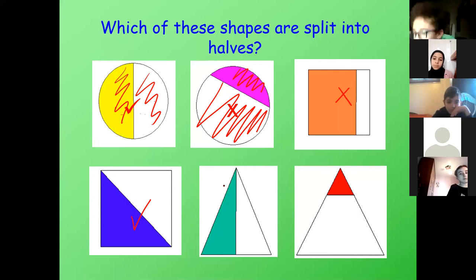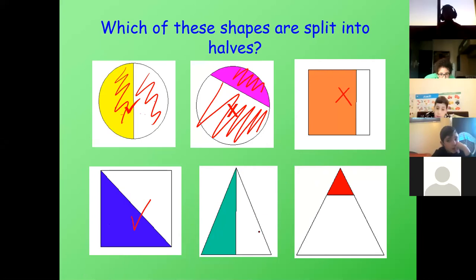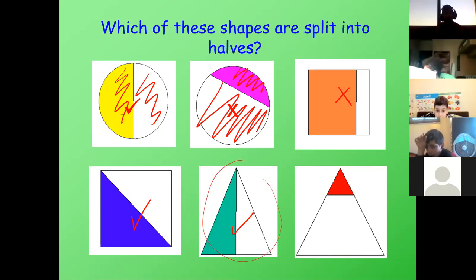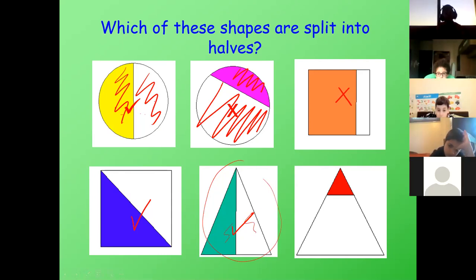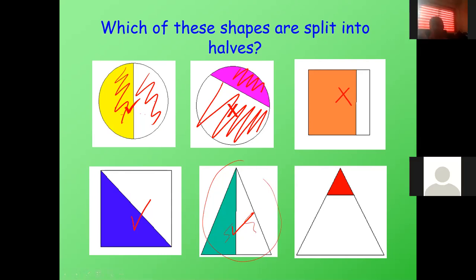Ali Salameh, is this triangle split into two halves? Yes. Why? Because the two parts are equal. This part is the same as this part. Bravo. Okay.